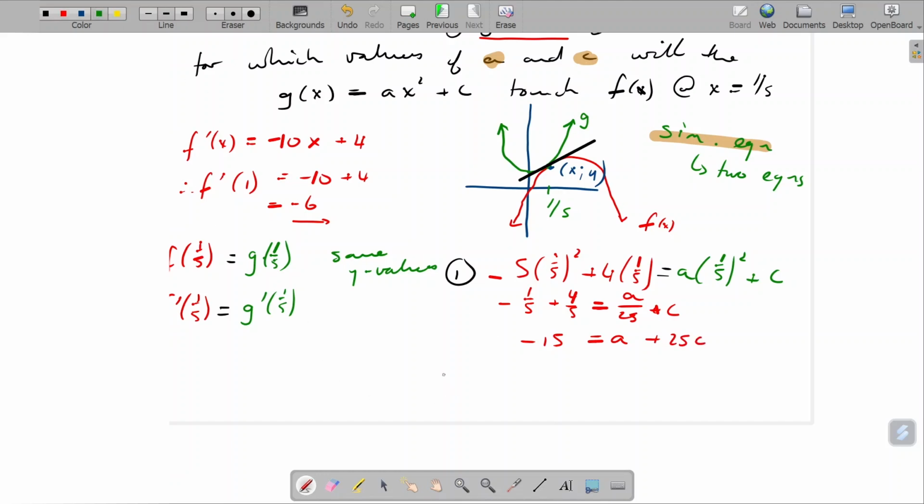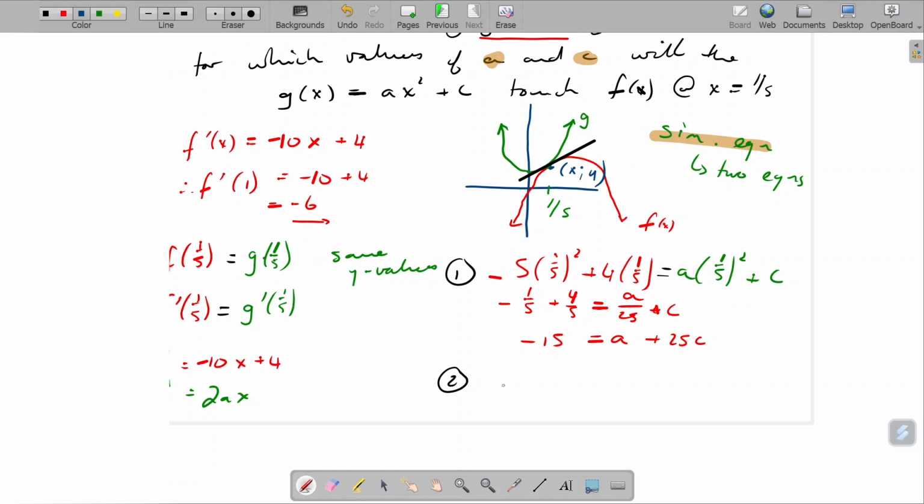And for the second equation, which is important, I first would need to find the derivative. So quickly, f prime will be minus 10x plus 4, and g prime, hopefully you'll agree with me, will be 2ax. So what I need to do is substitute in these points.